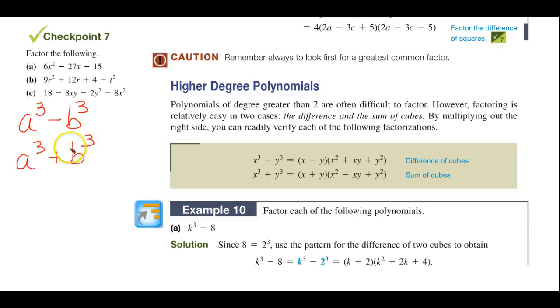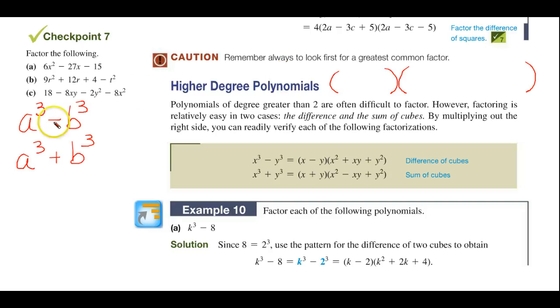Now there is a pattern for these, and I will go over it here, and of course your book tells it as well. And when you see you have the sum or difference of perfect cubes, you start off by putting parentheses for 2 terms and parenthesis for 3 terms. This is your step 1 in a sense.